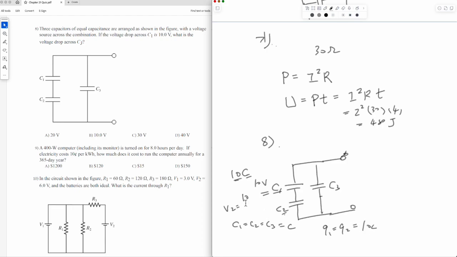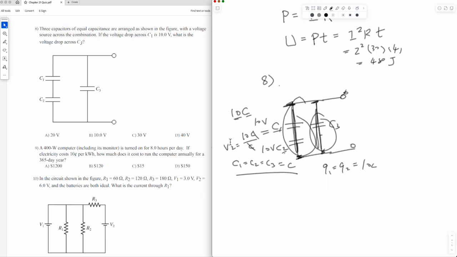So V2 equals Q2 over C2, and C2 is C, so here is 10 volts. 10 volts there, 10 volts here. Then the voltage from here to here is 20. So it will be 20 there, because this part and this one are connected in parallel. Parallel means voltage is the same. So 20 volts. The question is what is the voltage drop across C3? 20 volts.